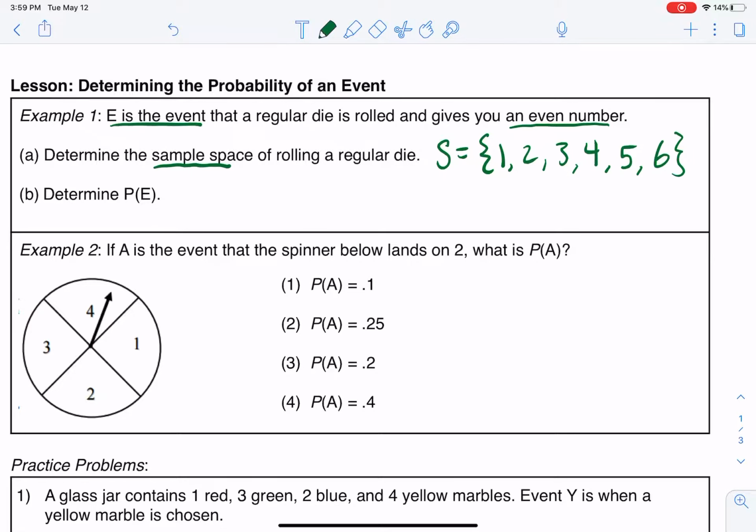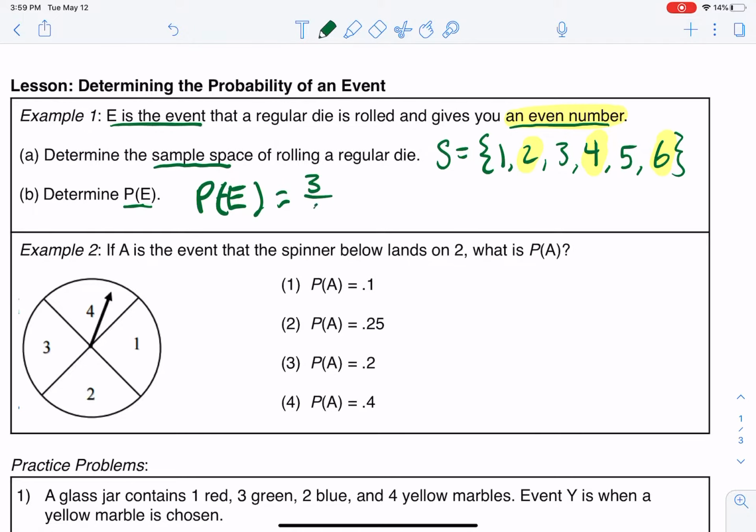Okay, in part B, we're asked to find P of E. What that means is, what is the probability of rolling an even number? P there is probability. So the probability of an even number, if I look at my sample space, I have 2, 4, and 6 are the even numbers, and the total possible outcomes is 6.